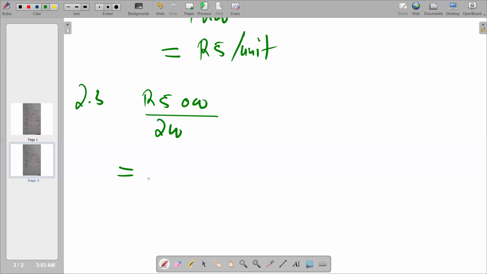Calculate that, we get 25 rand per unit. So this is the calculation that we have for 2.3.